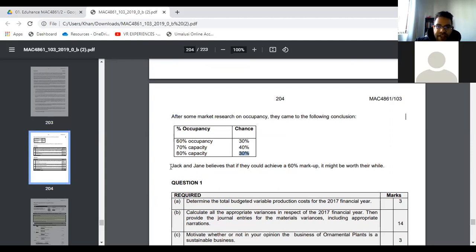So Jack and Jane believe that they could achieve a 60% markup. If they could achieve a 60% markup, it might be worth their while.